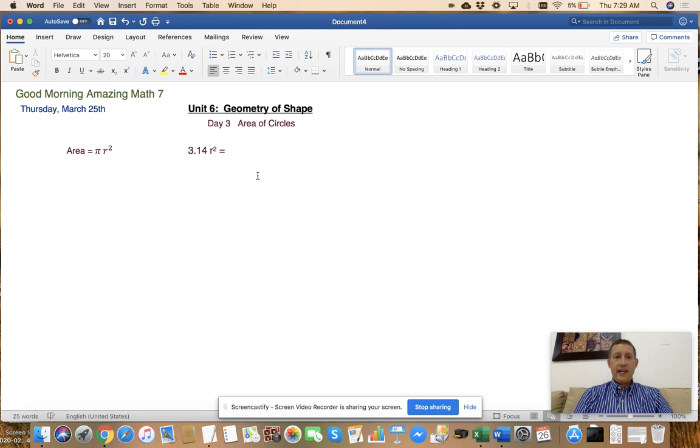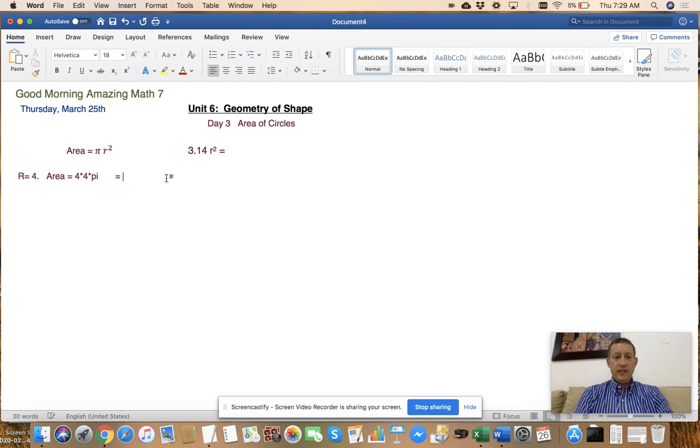So let's say I have a radius. Let's say I have a circle and the radius equals, let's say 4. Well, the area is going to equal 4 times 4 times pi. This pi right here. Okay?